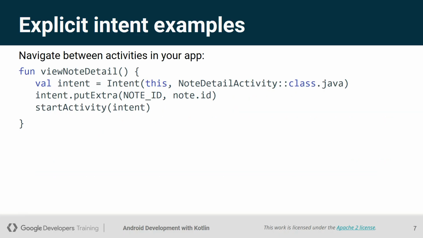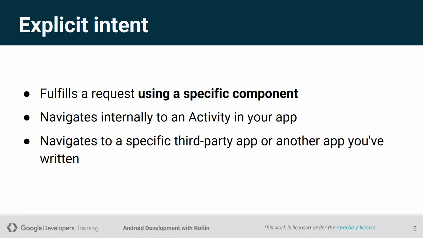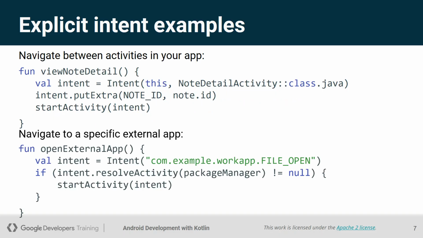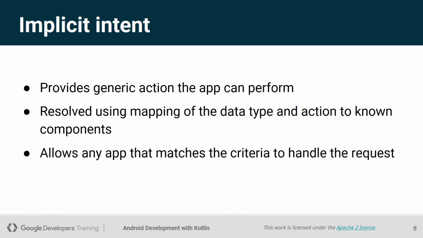So that is the explicit intent, because I've told you there are two types of intents, implicit and explicit. For the explicit, you are using specific components to navigate within the app. What about implicit? It provides generic actions the app can perform. Number one, resolving using mapping of data type and action to known components.